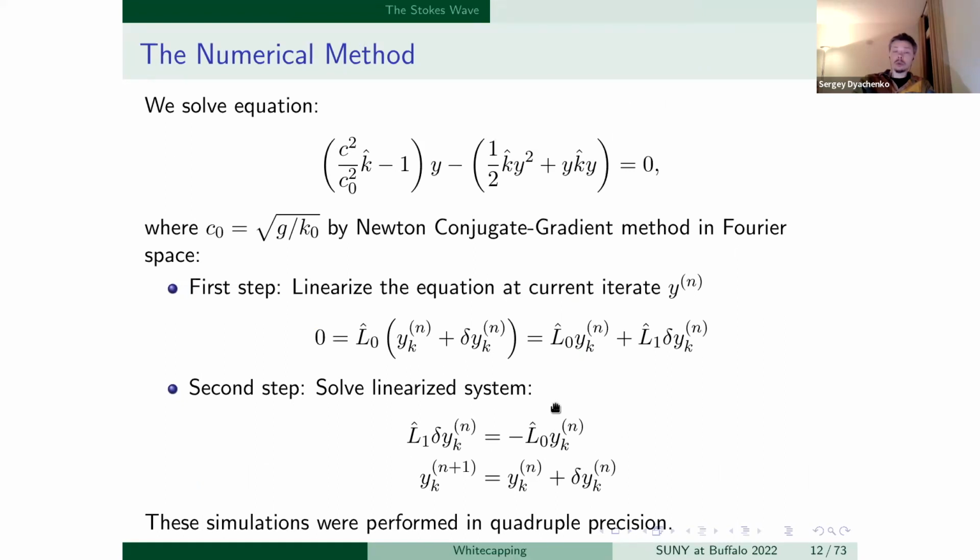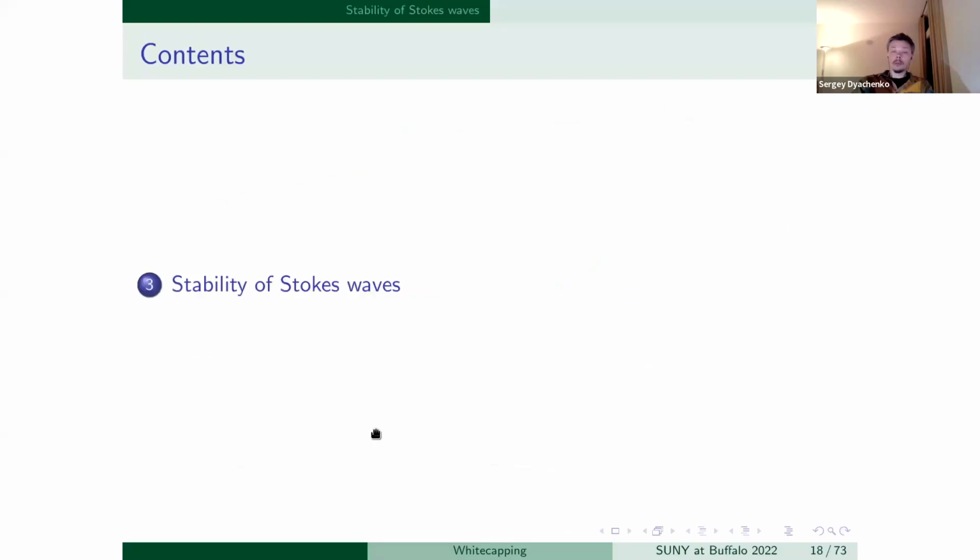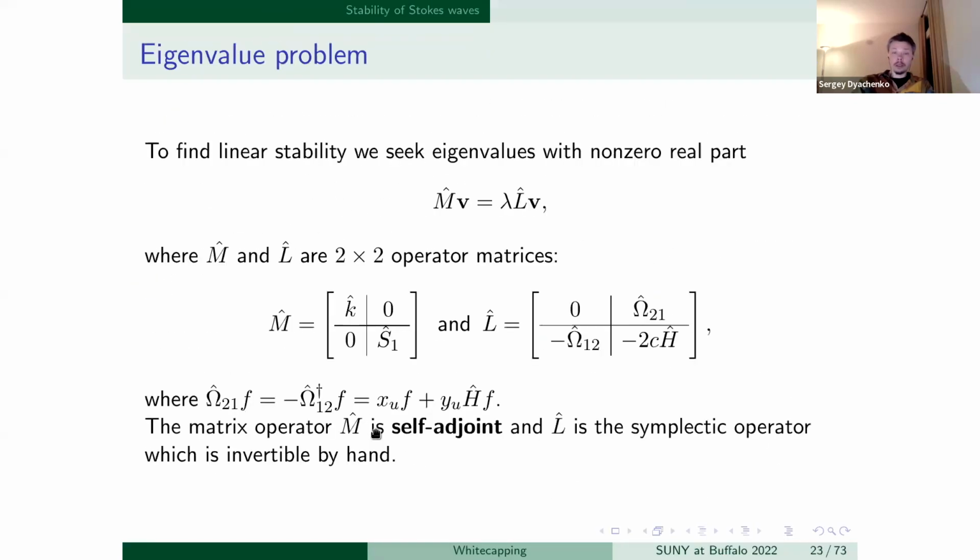Essentially, you would need to solve an equation of a similar form as here. So you would also need to run either the MINRES or conjugate gradient method to solve a linear system that appears in the operator right here.